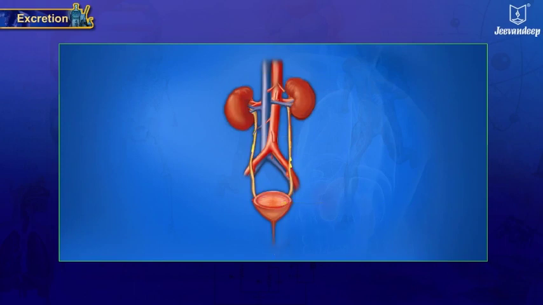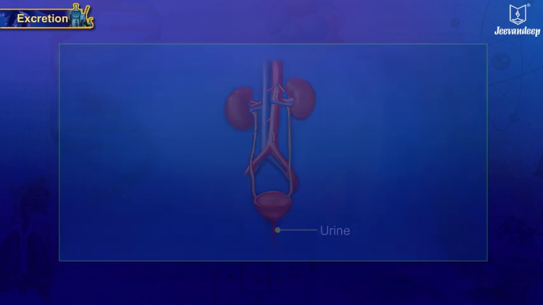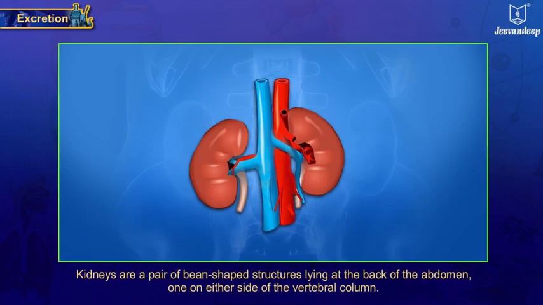Kidneys remove the waste products from the blood in the form of urine. Kidneys are a pair of bean-shaped structures lying at the back of the abdomen, one on either side of the vertebral column.